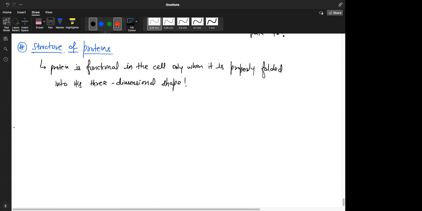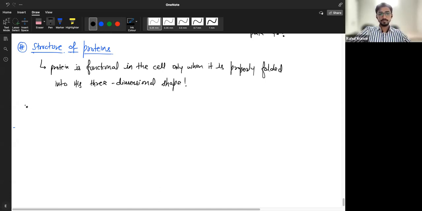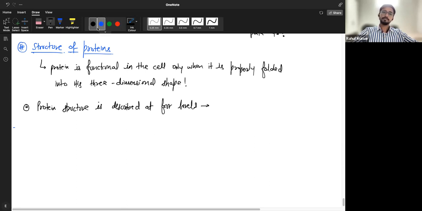Yes, sir. Now the structure of protein, write down: the protein structure is described at 4 levels. First is called primary structure.